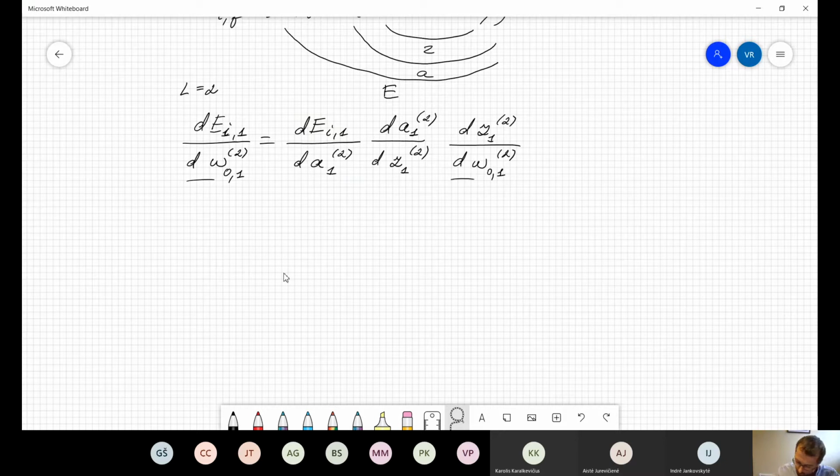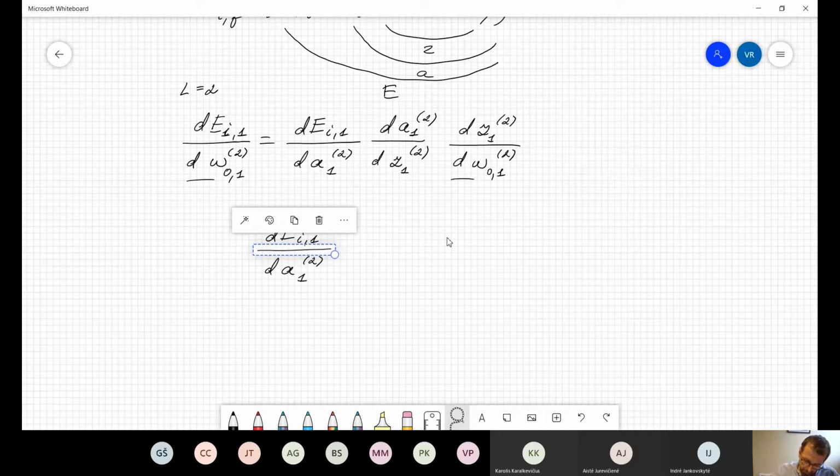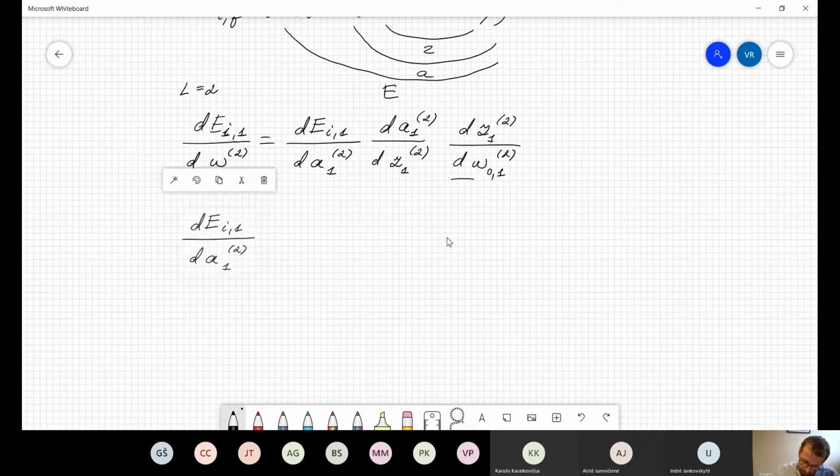I can't paste it like that, or can I? No. Okay, paste. All right, I would rather just write it again. It should have been much faster.